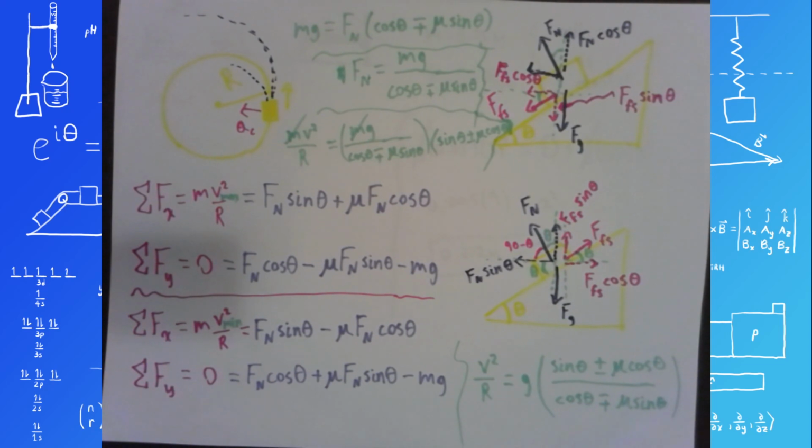Actually, we might have to do it anyway if we want to plug in the numbers, because in part B it says, what is the range of speeds possible if big R is equal to 100 meters, theta is equal to 10 degrees, and the coefficient of static friction is equal to 0.1, which is pretty low, which is probably why they say in parentheses that these are slippery conditions. I guess we can plug in some numbers just to get a real sense of it. Let's do that on a separate sheet.